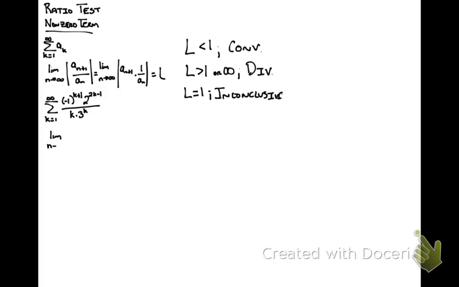And so the ratio test is a good test for this. The limit as n goes to infinity, and we want the absolute value. Now the n plus 1 term, so everywhere that there's a k, I'm going to replace that with n plus 1. So I have negative 1 to the n plus 1 plus 1 times 2 to the 2 times n plus 1 minus 1 power over n plus 1 times 3 to the n plus 1 power.